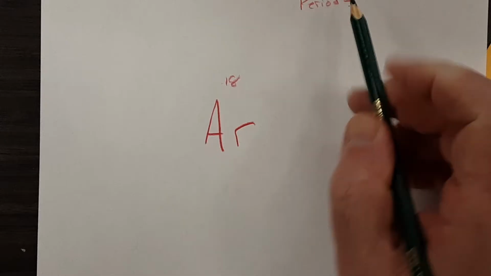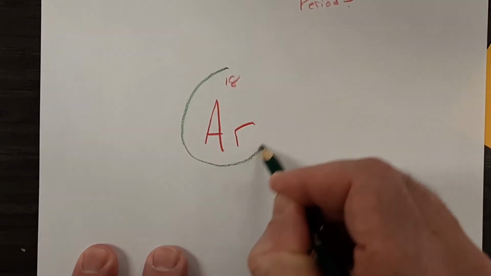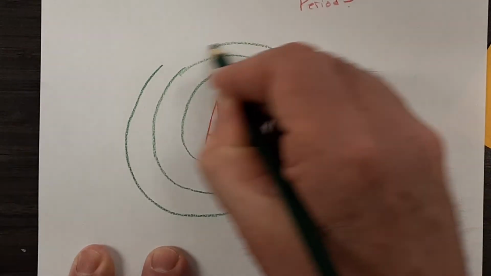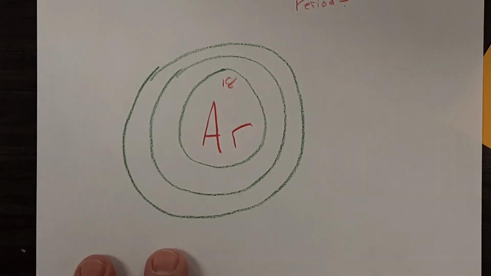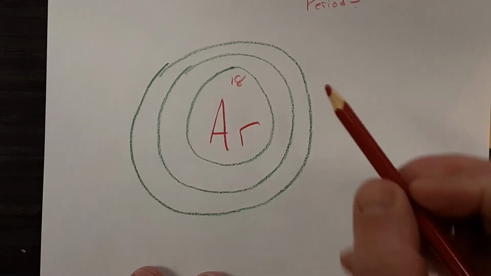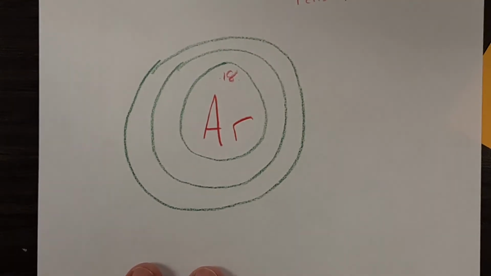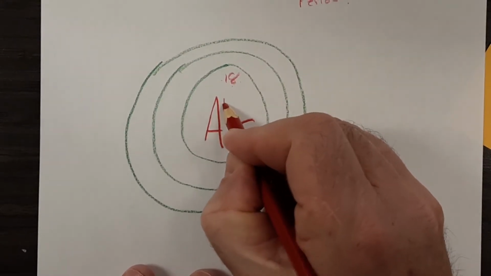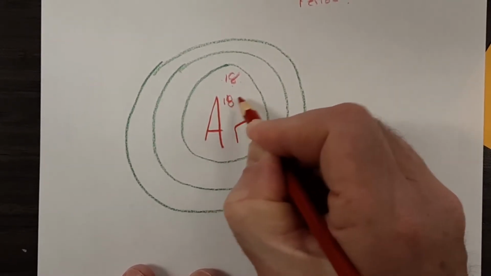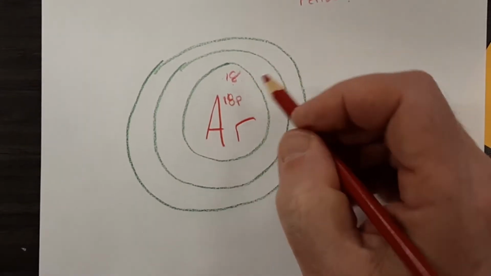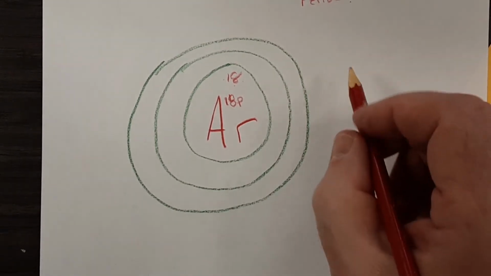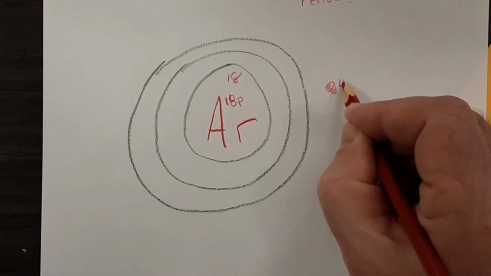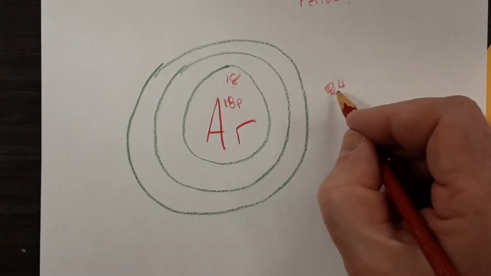So we're in period 3, so we're going to draw 3 orbits. 1, 2, 3. And we know that we're going to end up with 18 electrons to balance out these protons. While we're thinking about it, let's say 18 protons.